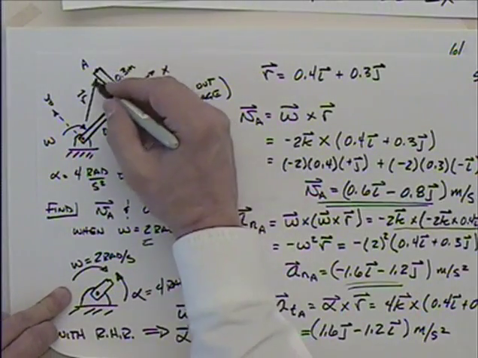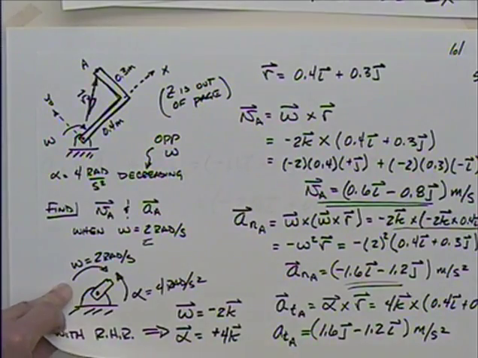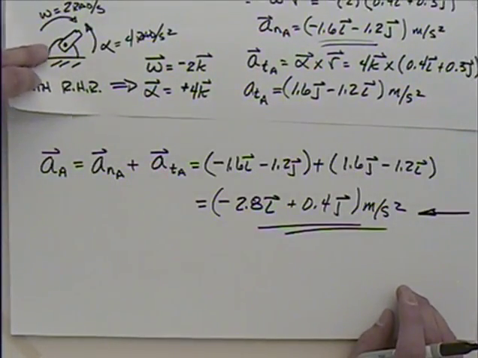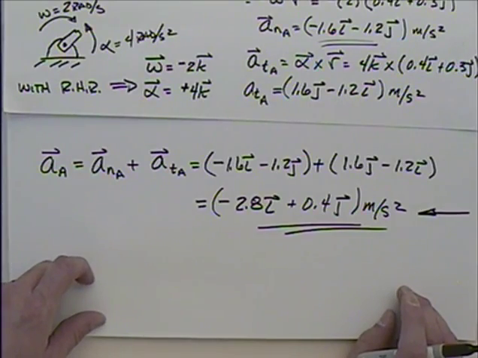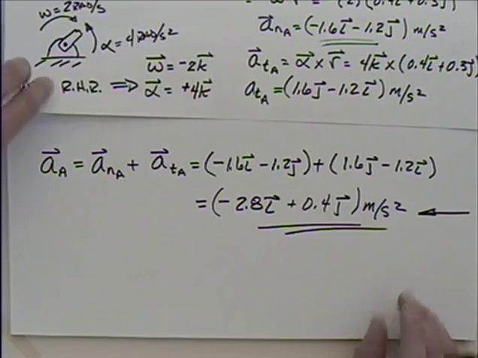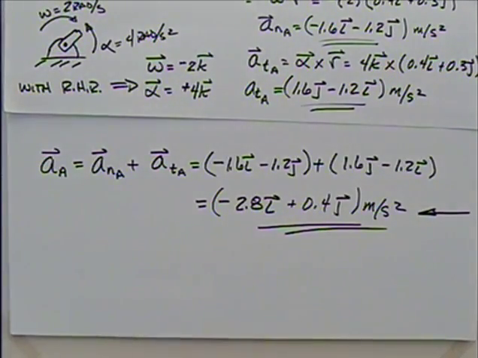Yeah, I mean your normal acceleration is going to go back to the point that it's rotating about, isn't it? How about our tangential acceleration? Where is it going? Positive in the j, negative in the i? Yeah, with the directions that are going, that makes sense. And really, we just resolved this vectorially. Questions with that?